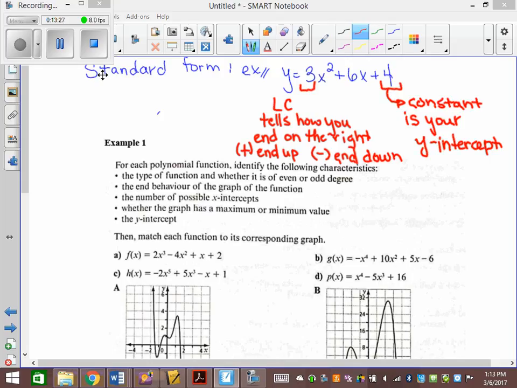If I fill a 0 in for here, it's going to cancel, and a 0 into here, it's going to cancel, and I'm going to be left with y equals 4. So that's why when it's in standard form, so no brackets, your constant at the back is your y-intercept. Okay? If arrows are in opposite directions, it's an odd degree. If arrows are in the same direction, it's an even degree, right?